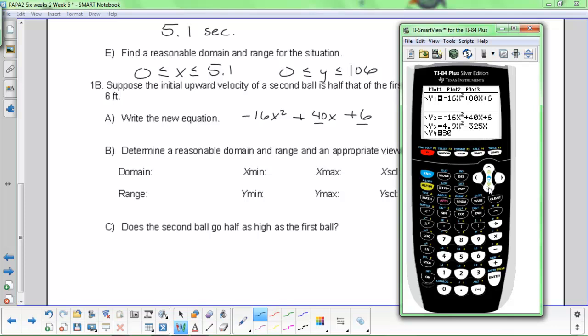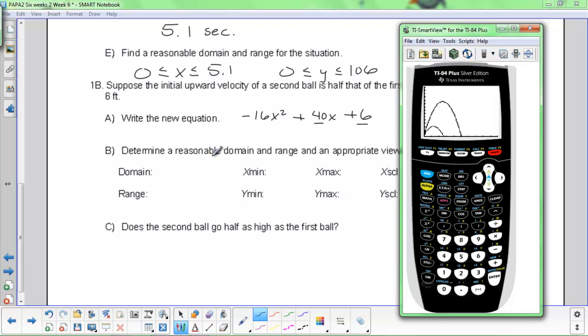So we'll go ahead and activate this one. And I'm going to take my 80 off of the screen so I can just look at my two graphs side by side. Okay? Determine a reasonable domain and range and an appropriate viewing window.